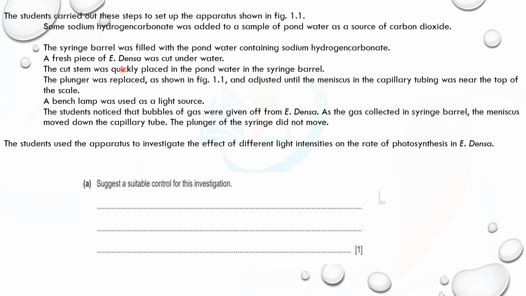You are taking away something that is causing the change. But in this case, you can choose taking away the plant, because photosynthesis does not occur in the dark. So taking away the plant helps us to know that without that plant, it will not occur.